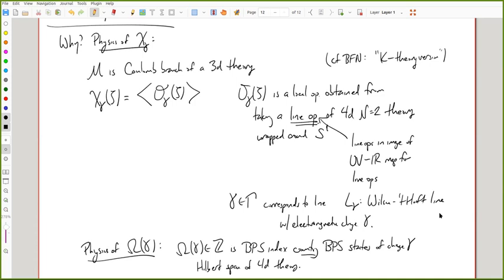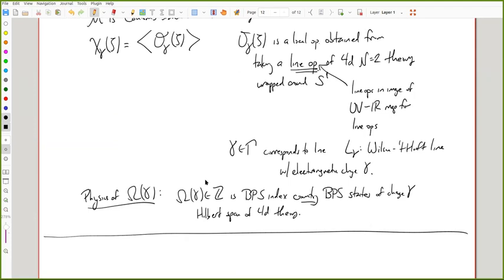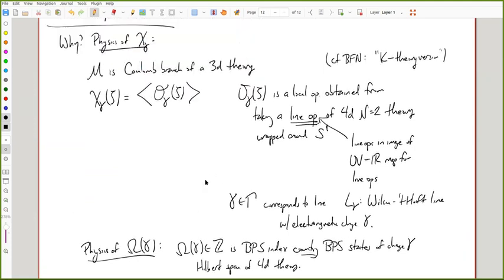I only told you two examples. I told you on the one hand, the old story about Donaldson theory and Seiberg-Witten theory. And then I told you this newer story of BPS states and hyperkähler metrics. But there's many, many more things going on in the world of n equals 2 theories. So that's it. I'm done.